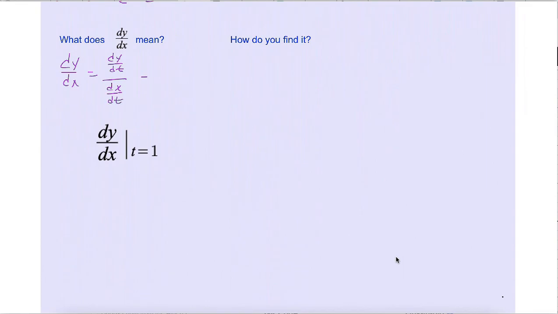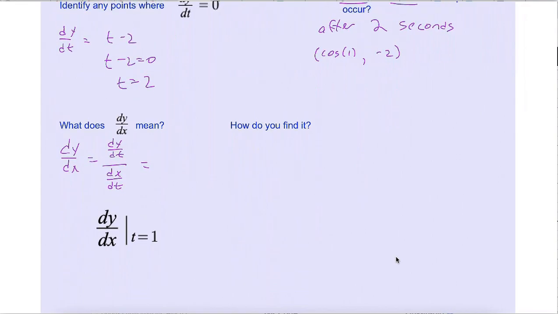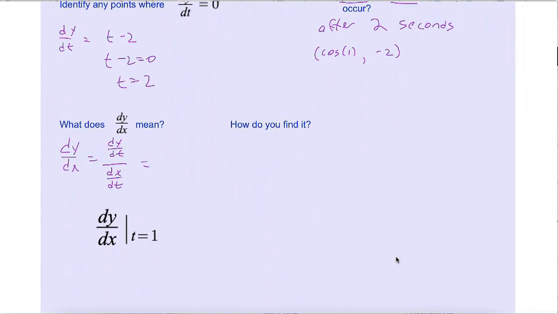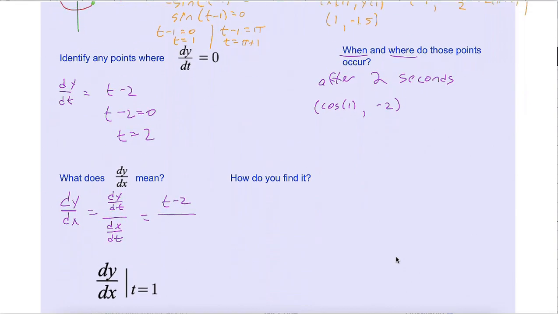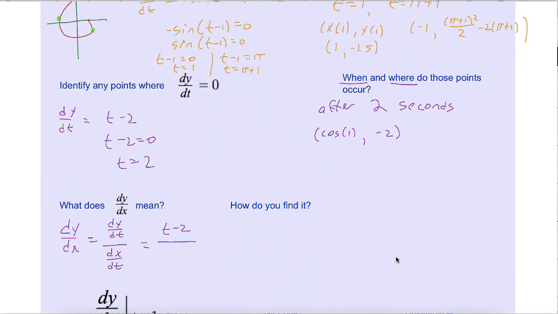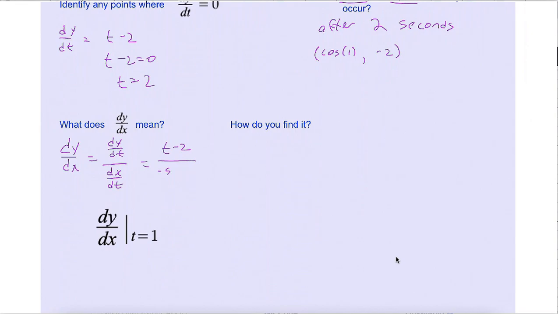Well, I've already found dy/dt. It was t minus 2. And I've already found dx/dt. It was negative sine of t minus 1. And so that's my dy/dx.